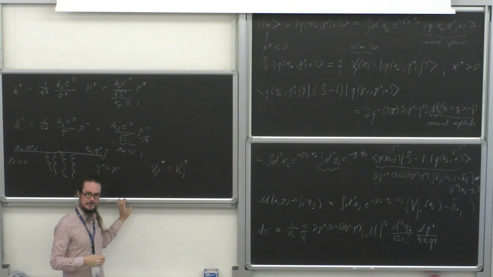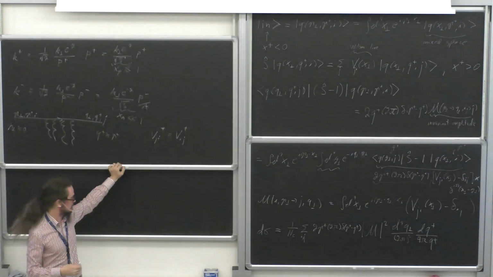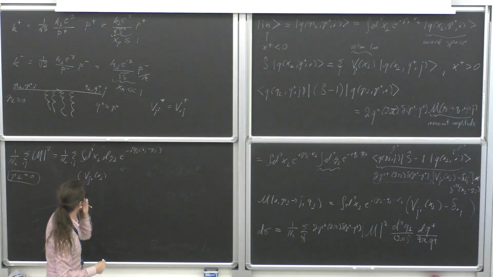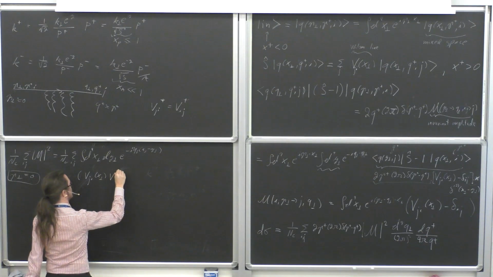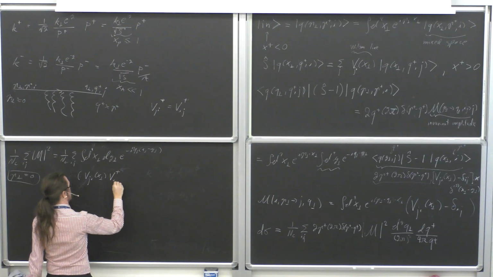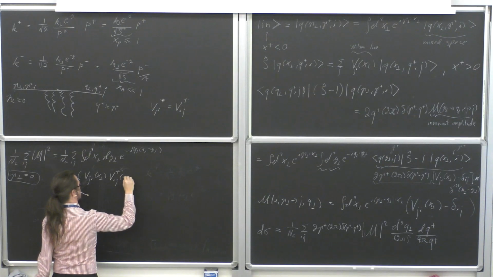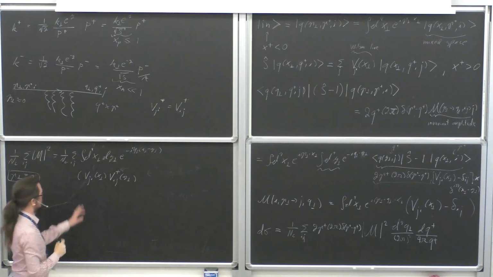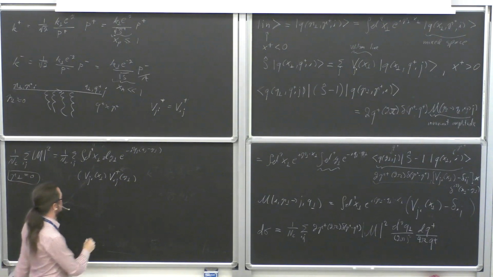Transposing and taking a Hermitian conjugate is the same as taking a complex conjugate. So I have V dagger_ij at y perp, and once I get this right, the other ones are easy.